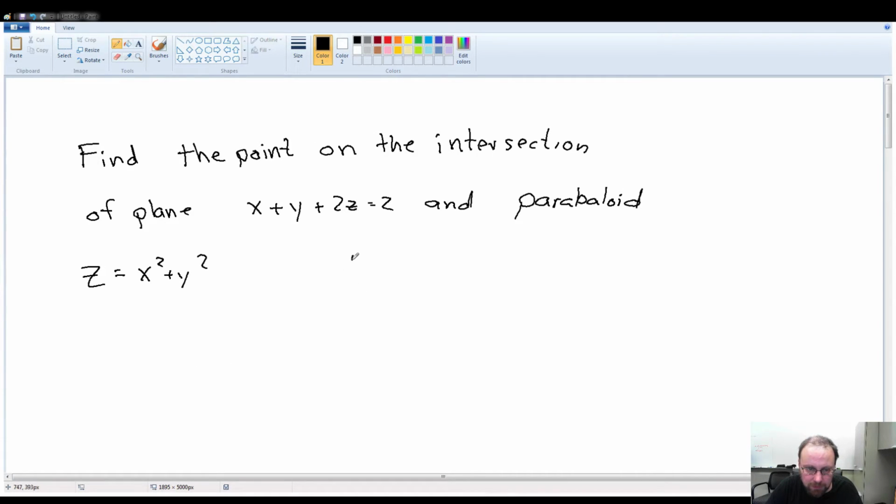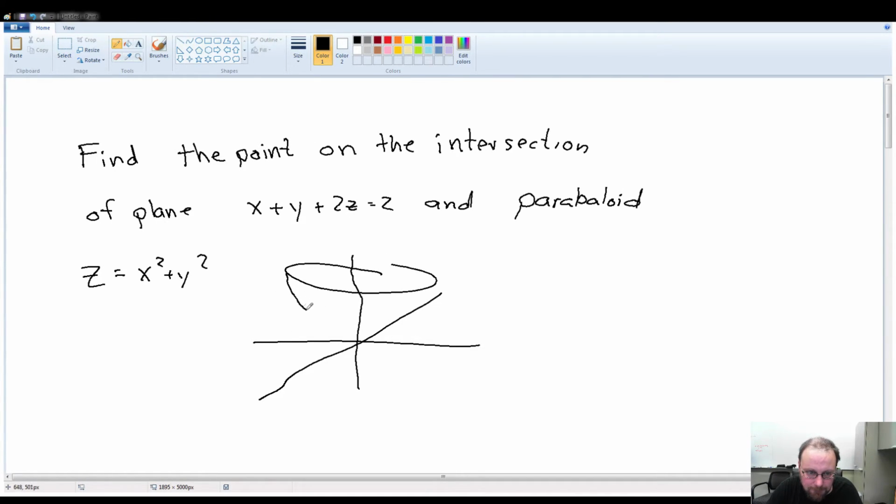Okay, so graphically, which is hard for me to do here, we have your paraboloid, and you have some sort of plane. So here's the triangle the plane makes as it goes through, and it cuts the paraboloid at some kind of elliptic thing, and goes around.